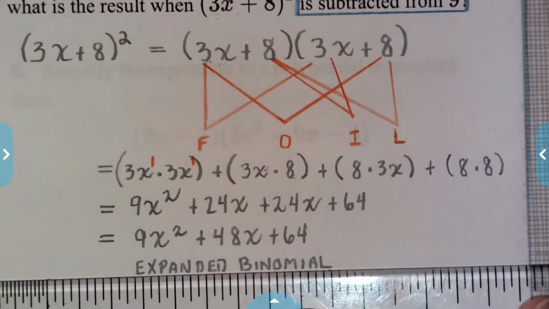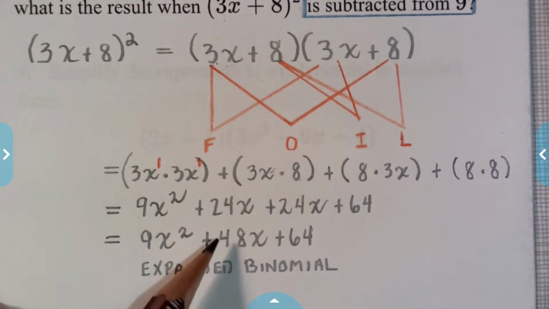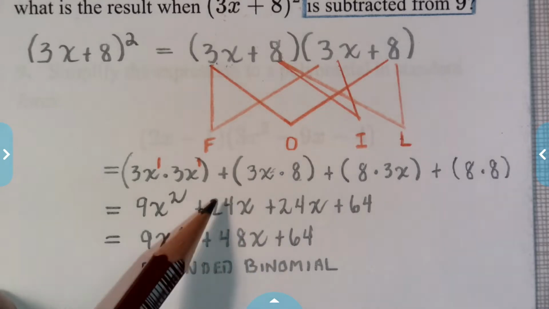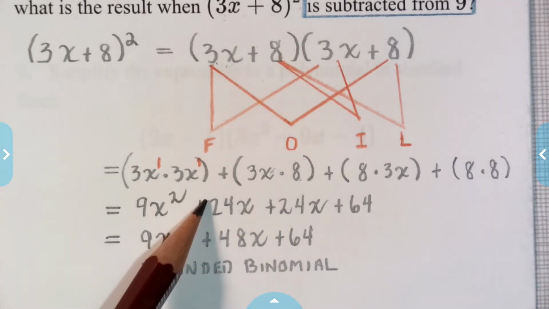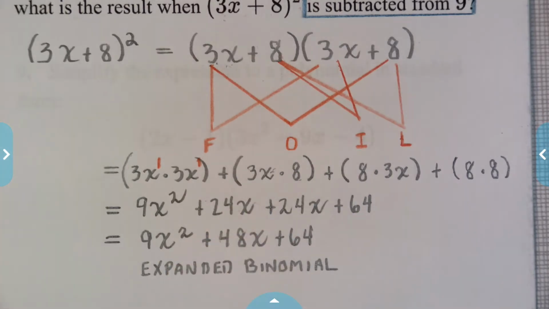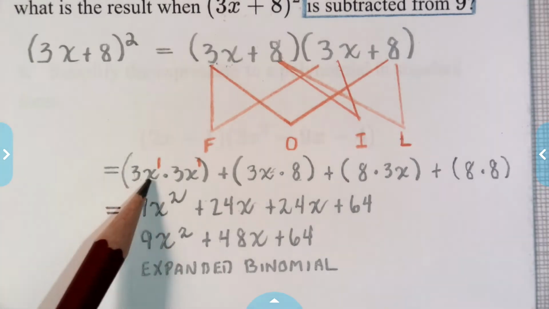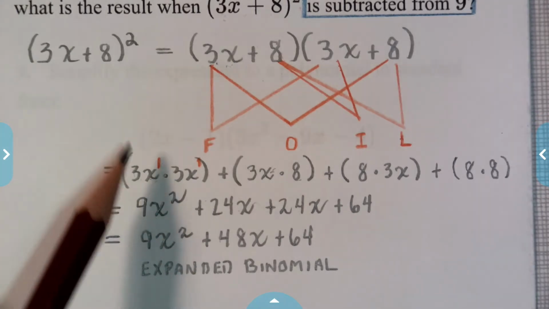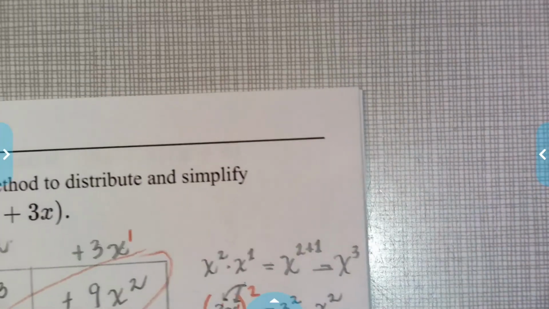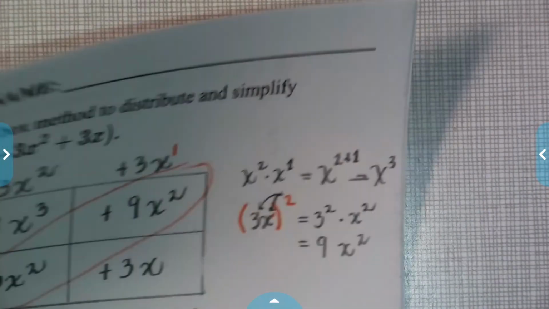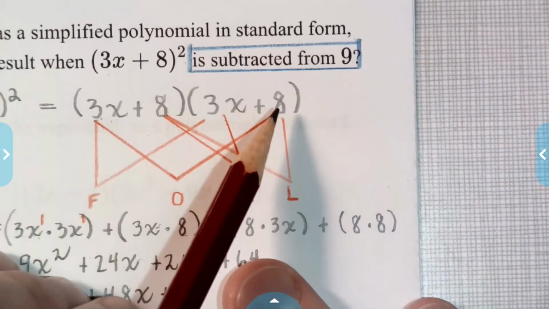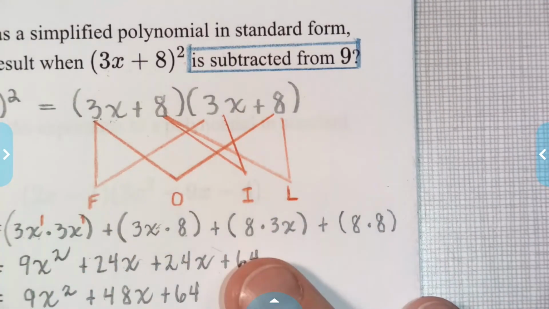Now there's some interesting stuff to notice. Notice that this was 24x plus 24x, so that's like 2 times 24x. And then 9x squared was really 3x, like up here, it was 3x, the whole thing squared, okay? And then notice over here, the 8 times 8 was kind of like 8 squared, right?